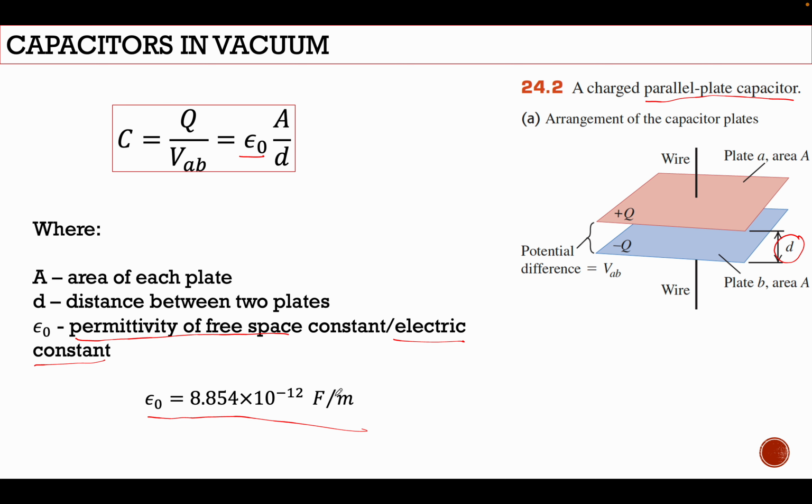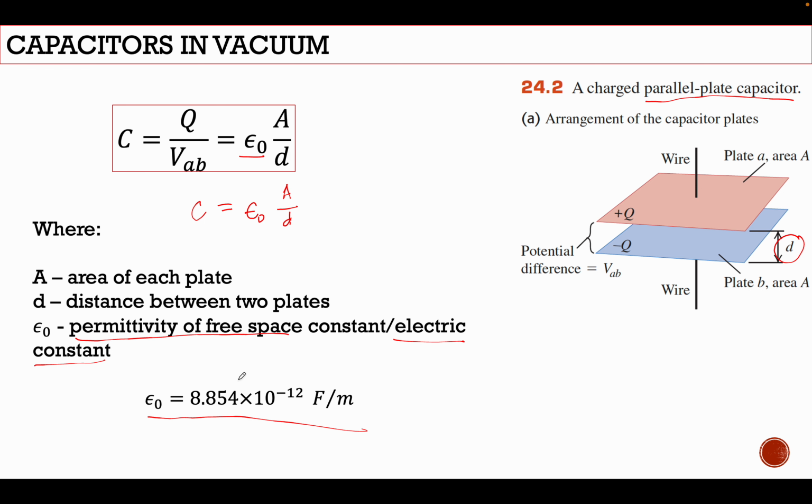Again, to solve for the capacitance in a vacuum, C is equal to epsilon naught times the area of this parallel plate capacitor, divided by D, which is the distance between the two plates, let's say plate A and plate B.